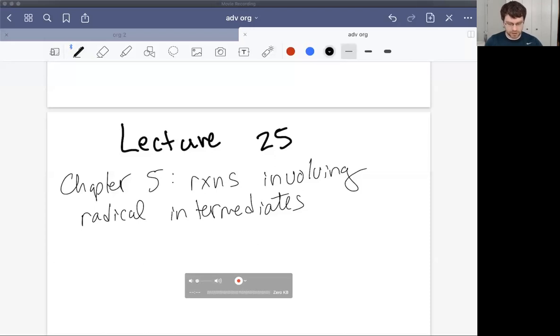Okay, so to start, we're going to approach this the same way we looked at our other electron deficient center, which was the carbocation, by first approaching the stability of radicals.